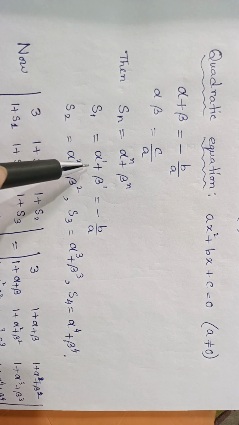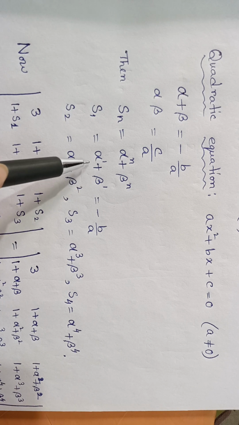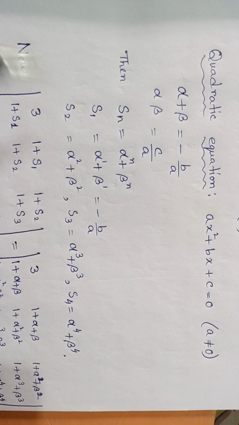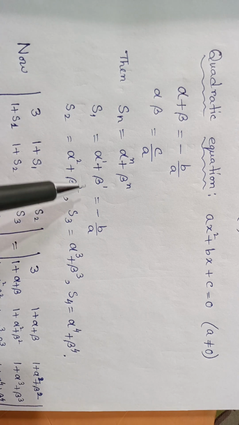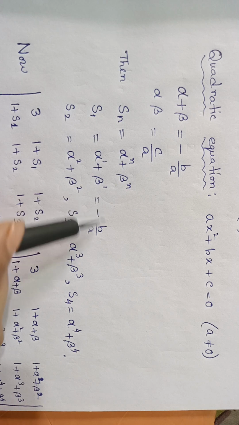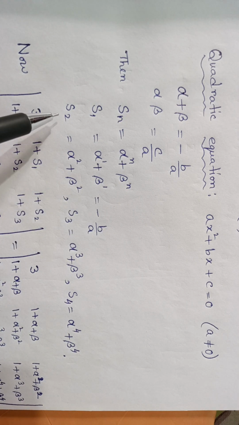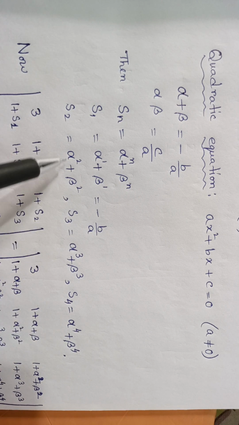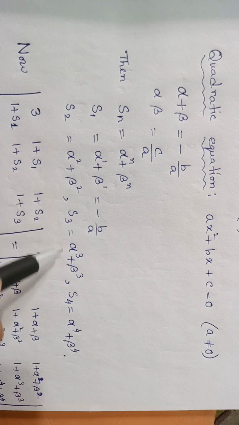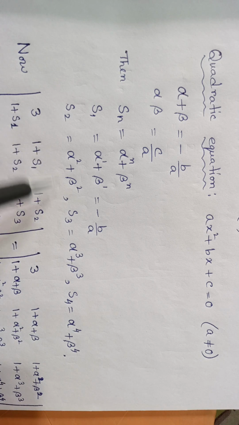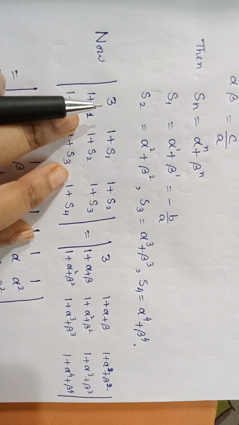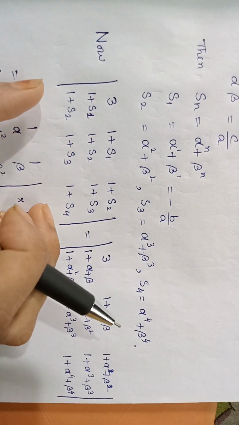For n equal to 1, we get alpha to the power 1 plus beta to the power 1. That means this is the sum of two roots, minus b by a. Similarly, by putting n equal to 2, 3 and 4, we get the corresponding values of s2, s3, s4 respectively. After that, now coming to the original determinant.